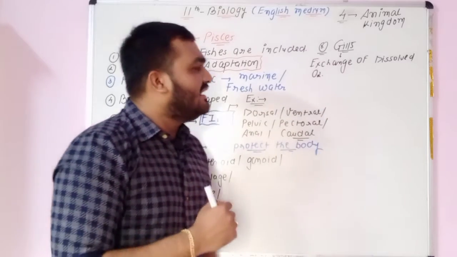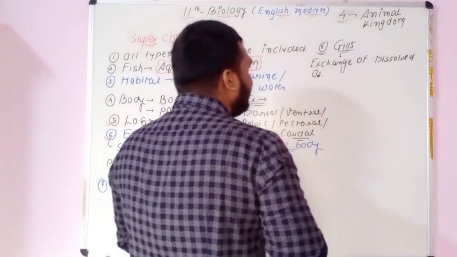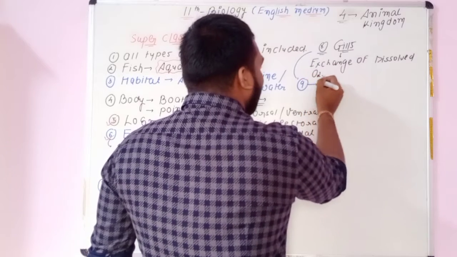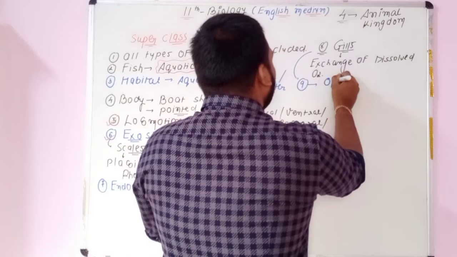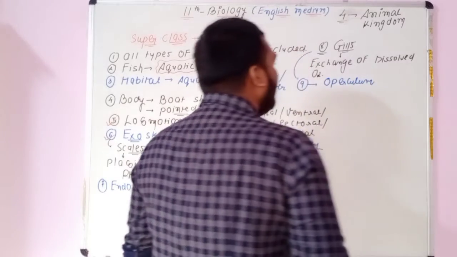So remember that gills are connected with the respiratory organ, and sometimes these gills are covered by a cover known as the operculum. You will remember operculum is also there.